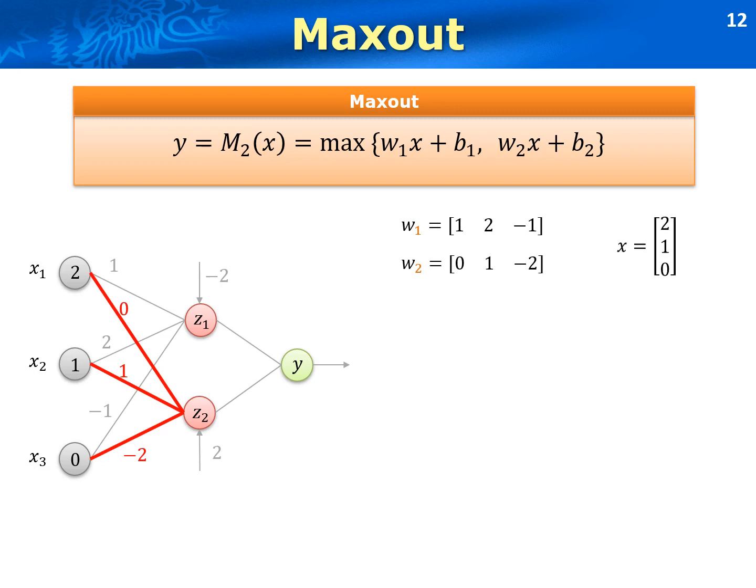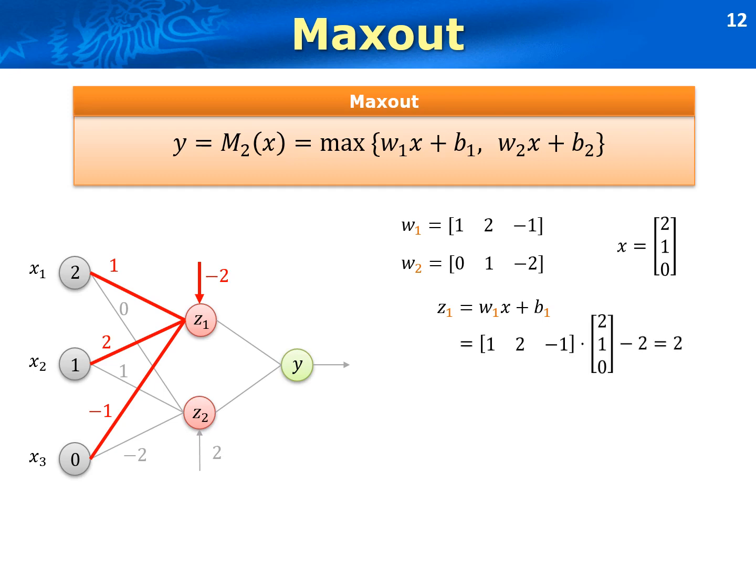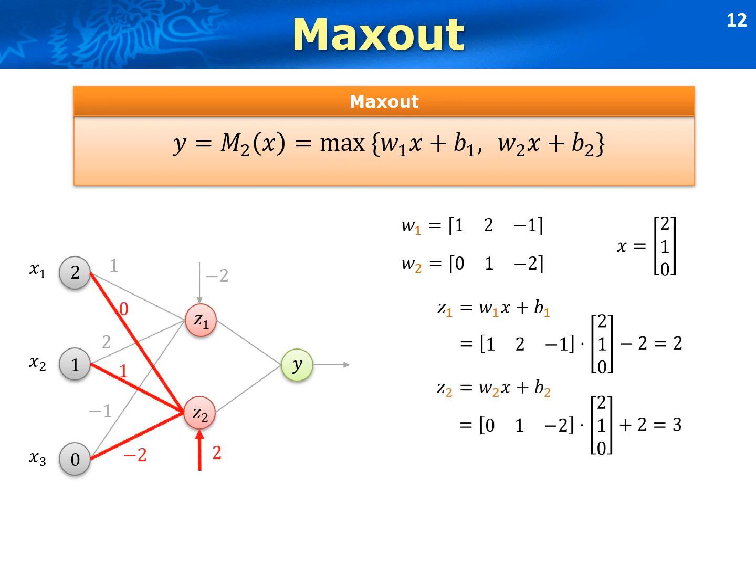Then we compute z1, which is the weighted sum w1 times x plus b1. We plug in the concrete values into this formula and get z1 is 2. Similarly, we can get z2, which is 3. Finally, taking the maximal value of z1 and z2, we get the output y of maxout, which is 3.